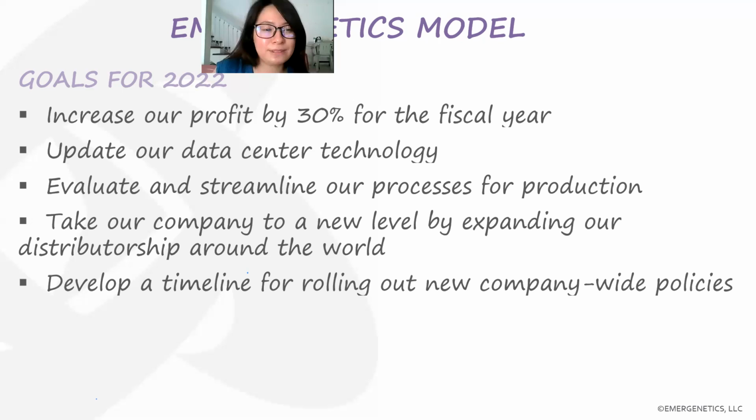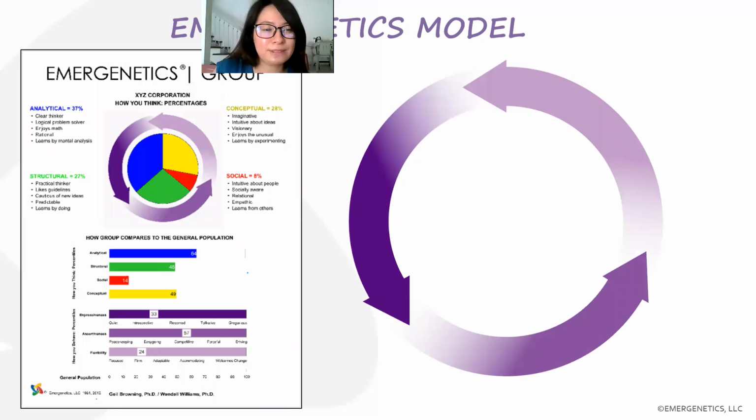Now, this company's top management came up with all these goals, and this is their group profile. If you remember, we take every single individual profile and merge them together, then we have a group profile. So now for this XYZ company, we take all of their top management profiles and put them together. What does the profile say?